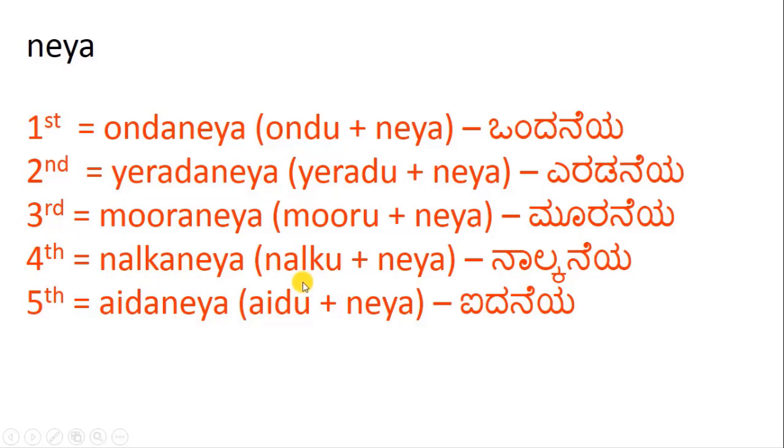Fourth. Four is Nalku. Add neya. Before adding, replace U by A. Nalku becomes Nalka. Nalkaneya. Fifth. Five is Aidu.